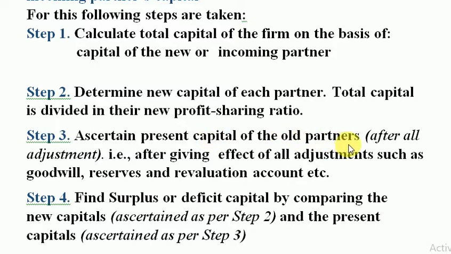That means after all adjustments are made in the capital account, which gives effect to all adjustments such as goodwill, reserve and revaluation account. And then finally, we find surplus or deficit. So these are the simple steps by which capital adjustment working is done. This will become clearer when we move ahead with a complete question. So let's move with a question and understand these steps clearly.